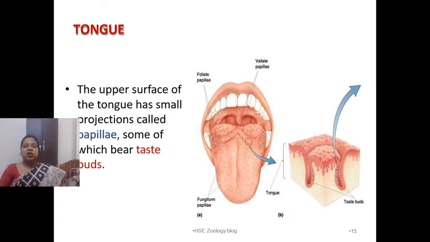These projections are known as papillae, है ना. टंग के ऊपर, टंग बिल्कुल प्लेन नहीं होती है, उसमें आपको कुछ raised structure दिखेंगे जिसको बोलते हैं papillae. ये जो papillae हैं इसमें taste buds present होते हैं. ये जो taste buds हैं, through nerve these taste buds are connected to the brain, है ना. हमने gustatory receptors के बारे में पढ़ा था class 10th में. So the gustatory receptors take the sensation of taste to the brain.